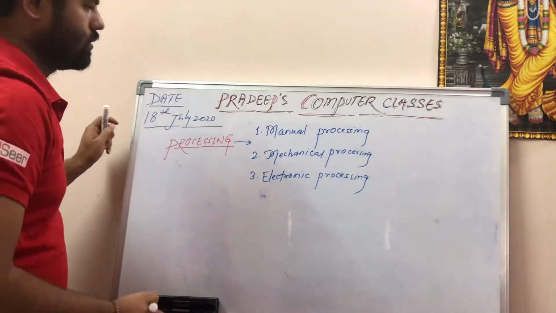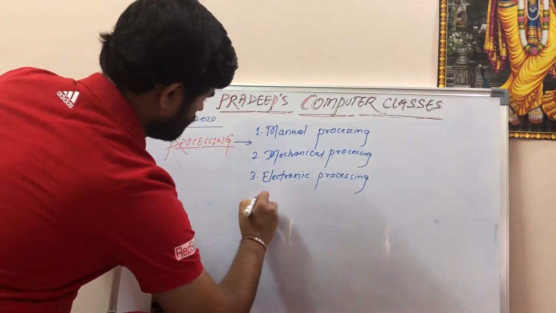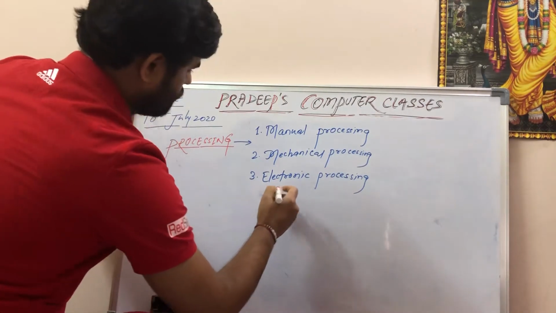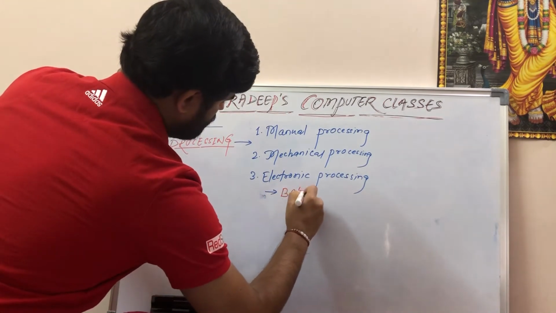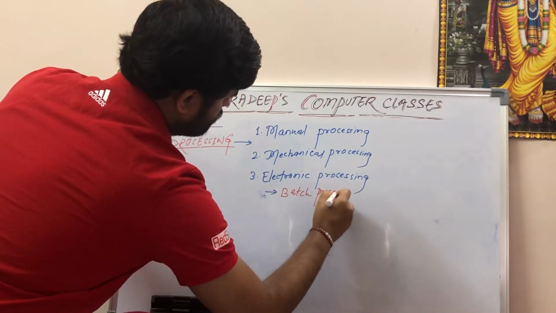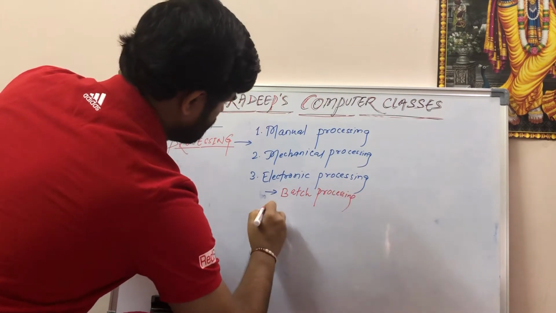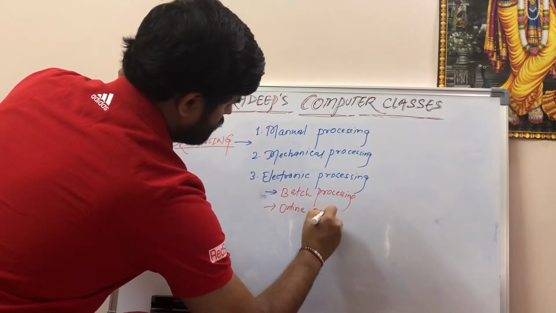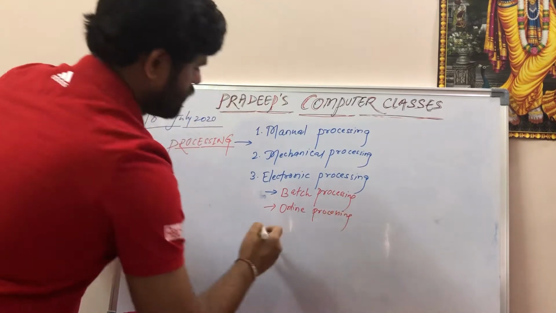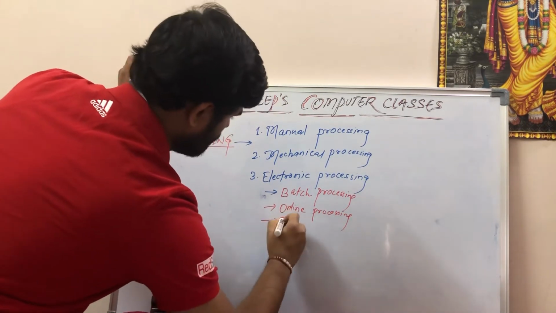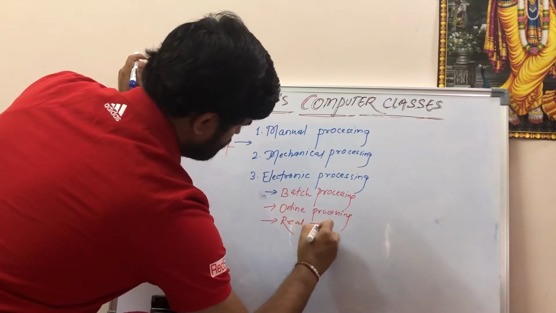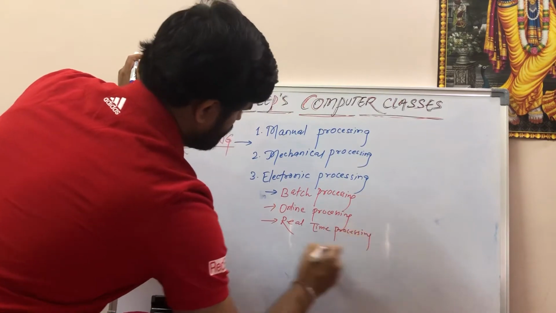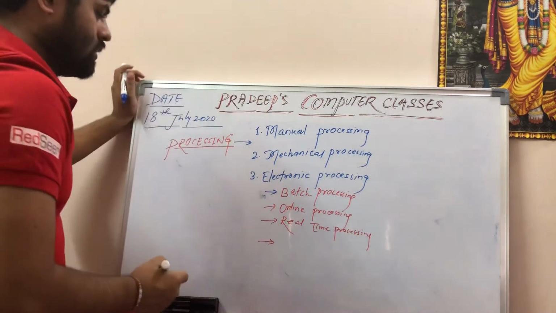In the third point, this is the branch of the third point: batch processing, online processing, and real-time processing, and last is distributed processing.